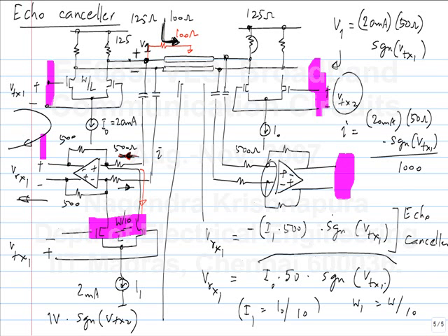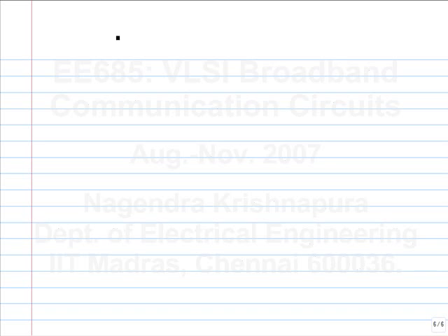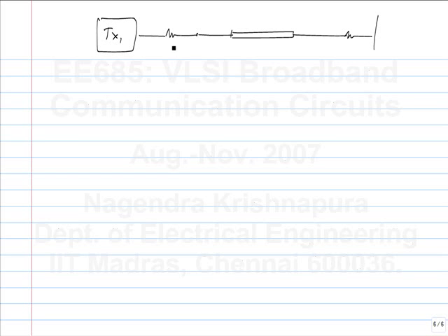So in this case you can use it to cancel off the echo. So for instance, I will show it schematically. Let's say you have transmitter 1 transmitting onto a transmission line. This is the output impedance of the transmitter. It is assumed to be matched on both sides. And this goes to the receiver, and you try to cancel the transmitter 1 contribution as much as possible by using a hybrid like this.